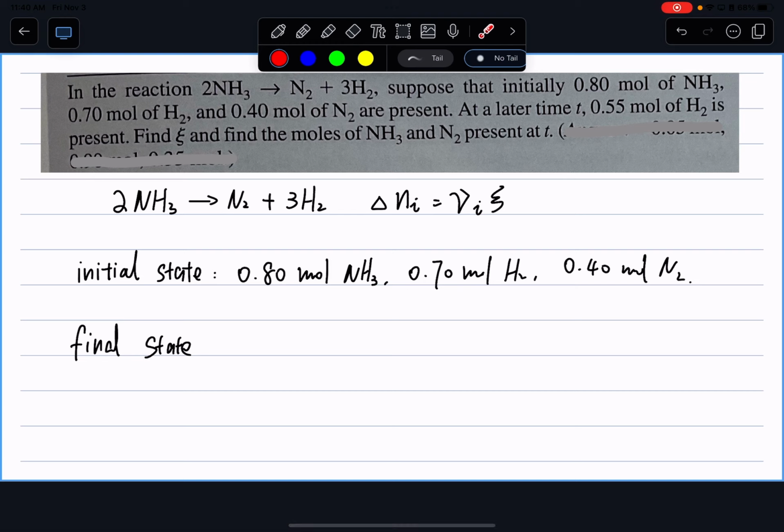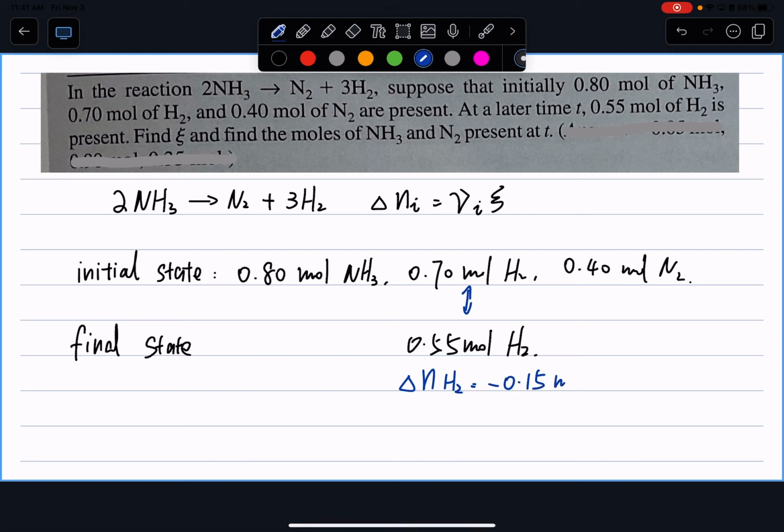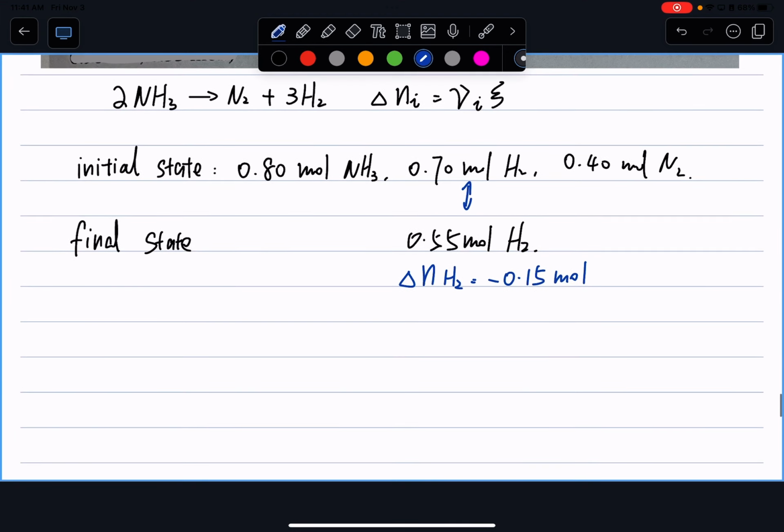So in this case, we have 0.55 mole of H2. So in these relationships, we can find out the delta number of mole of H2 in this process is negative 0.15 mole. So naturally, we can calculate our proportionality of reaction C here equals delta NH2 over the stoichiometric coefficient of H2.